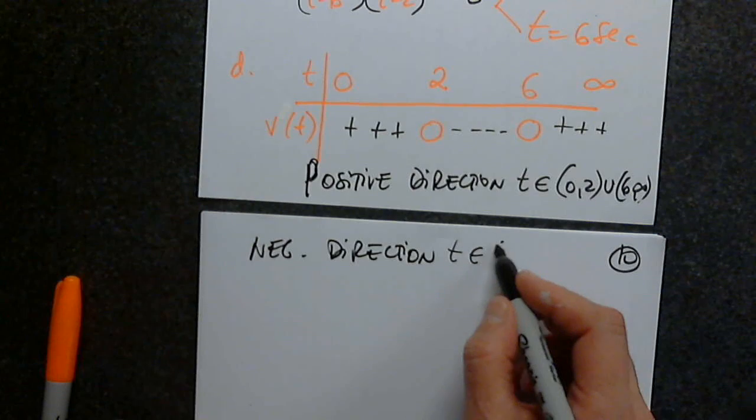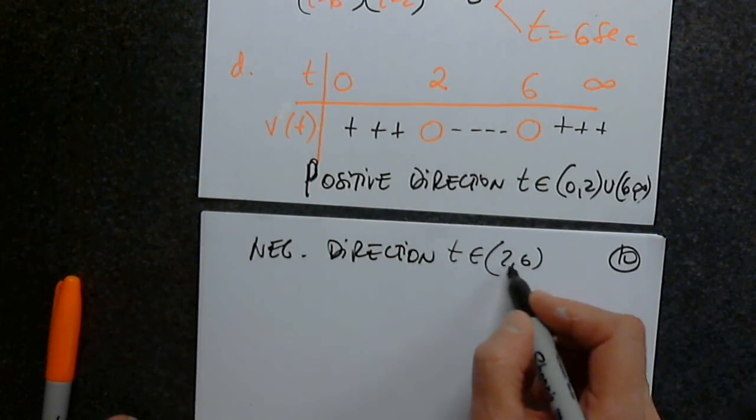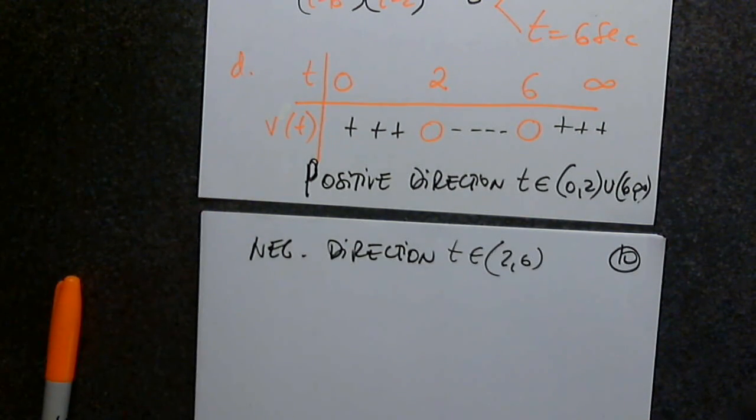When t is in between 2 and 6. Do not use brackets at any point. The reason I don't use brackets is because at 2, 6 and 0, the velocity is 0, so it doesn't have a sign. That's why I recommend not using brackets.